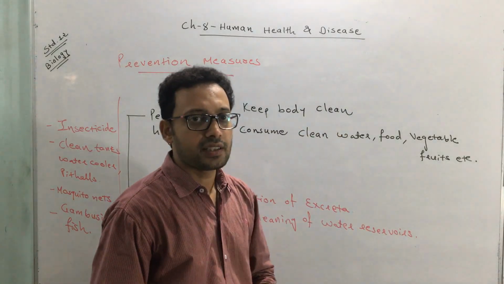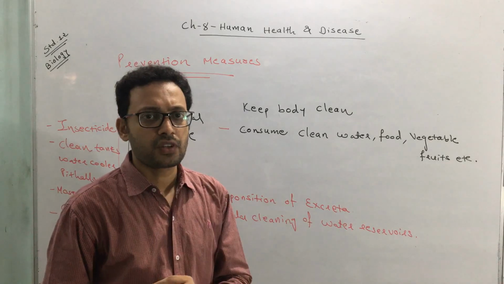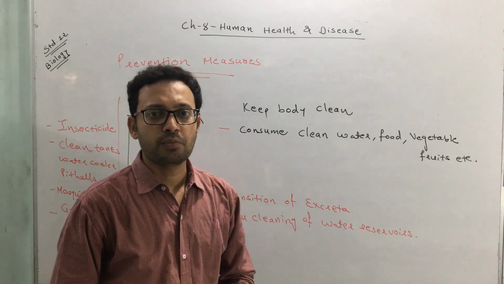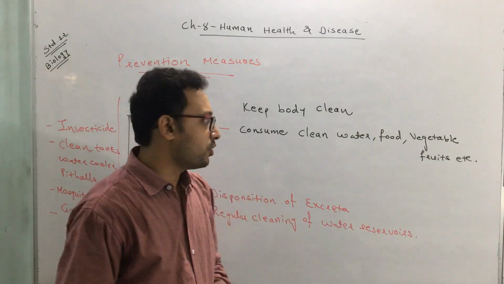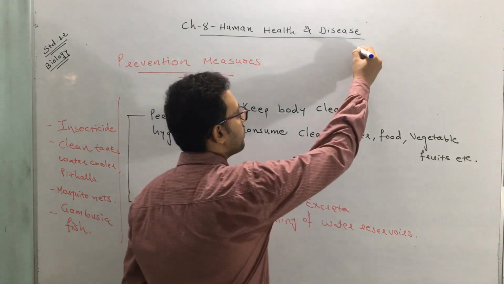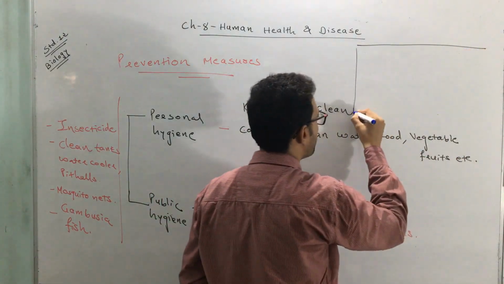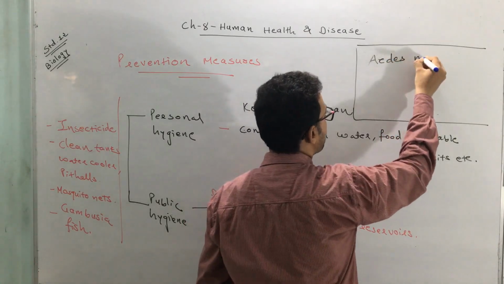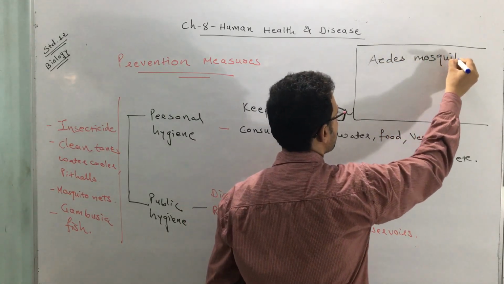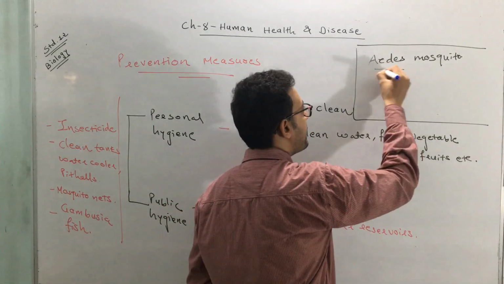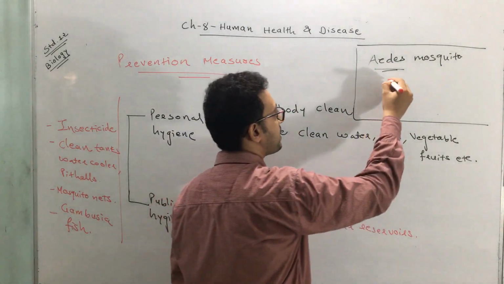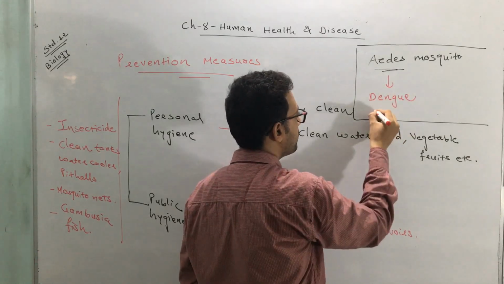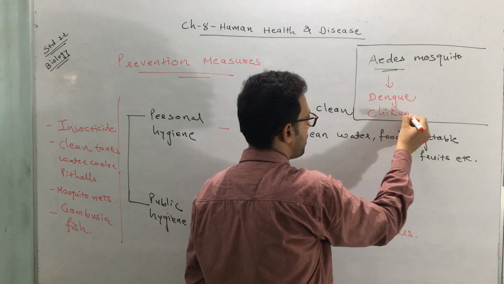I will also tell you about another mosquito which is responsible for causing disease. You know the one name, the female Anopheles mosquito, that is responsible for causing malaria. But you also have to remember this mosquito name. This is another mosquito which is responsible for causing disease. Its name is Aedes mosquito. This Aedes mosquito is responsible for causing dengue and chikungunya.